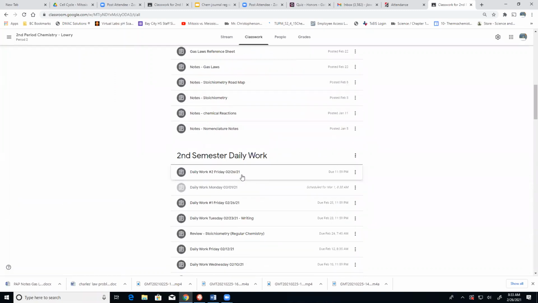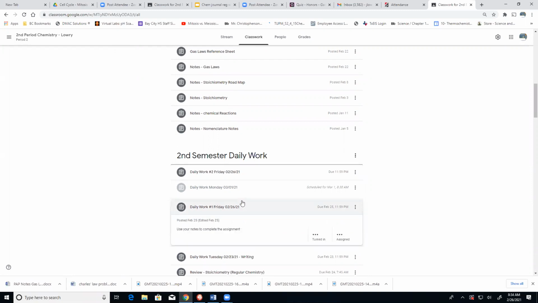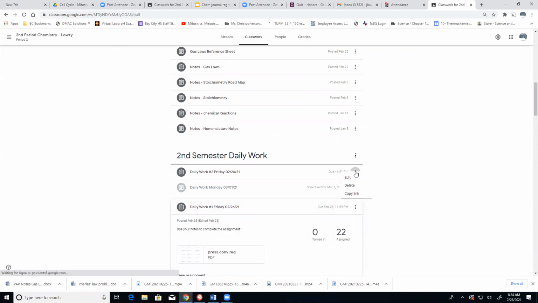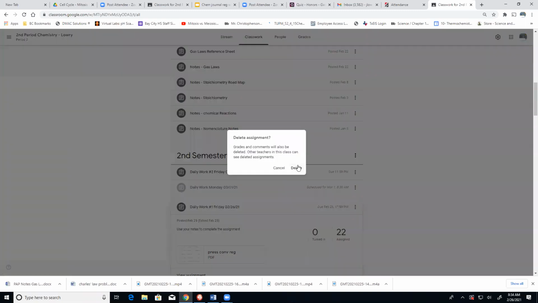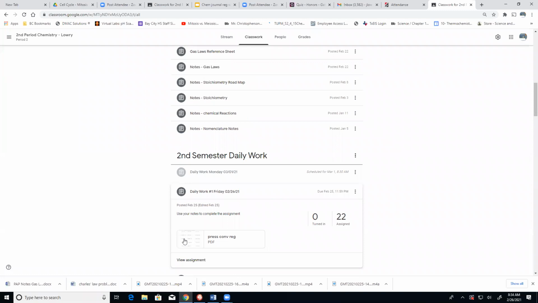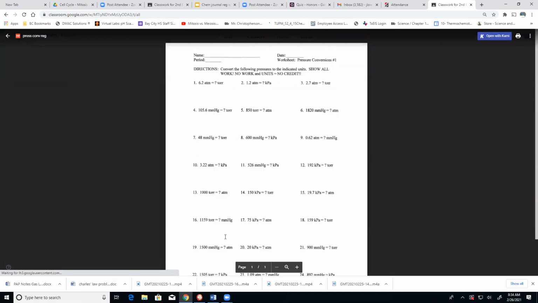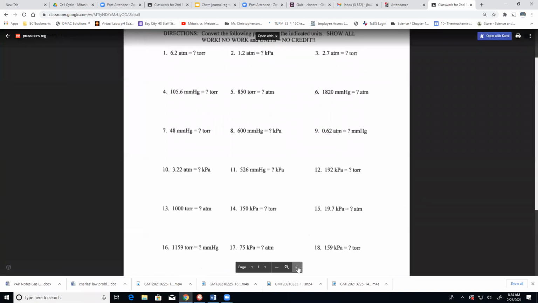For my virtual students, I changed the date. It says daily work number 2, but we're actually on daily work number 1. This one I need to delete. Daily work number 1 has the right date, so it should look like this.